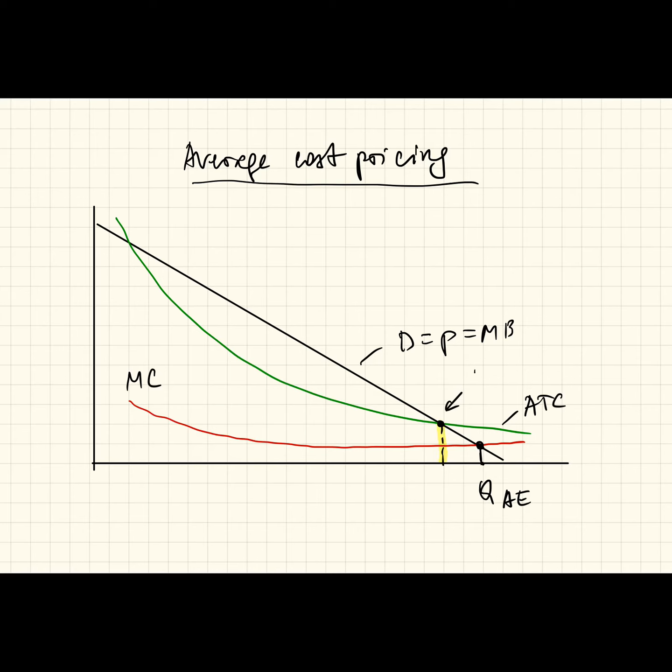This is where ATC meets price, so the company is breaking even, no losses, no profit above zero economic profit, which also basically means normal profit. So this is QA, average cost, AC.